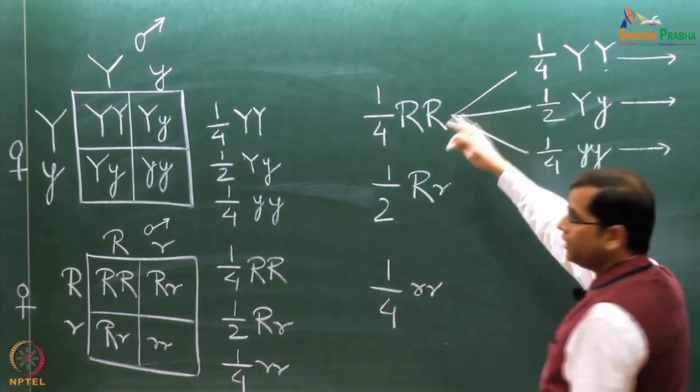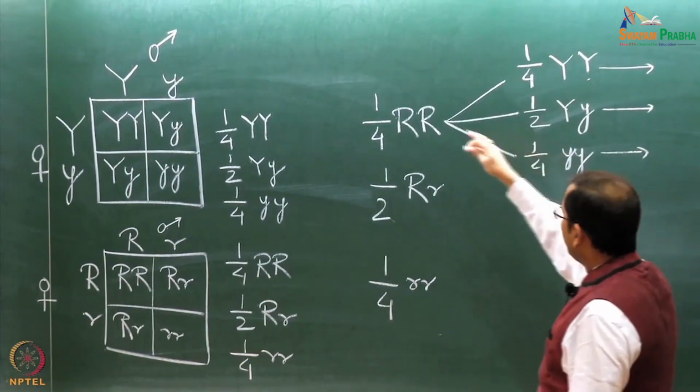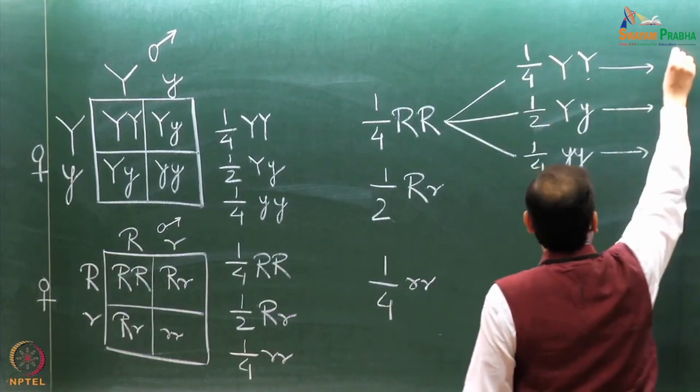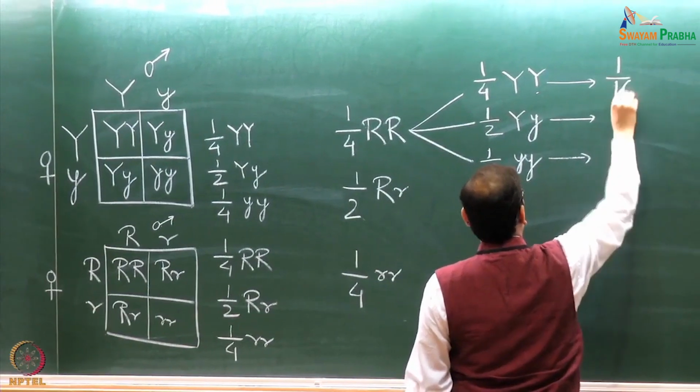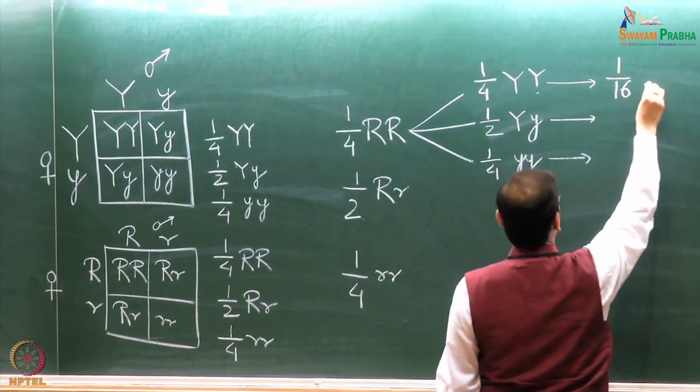So now if you multiply these individual probabilities for RR and YY, you can start deriving these gametes and what will be their probability. The first one, 1/16.